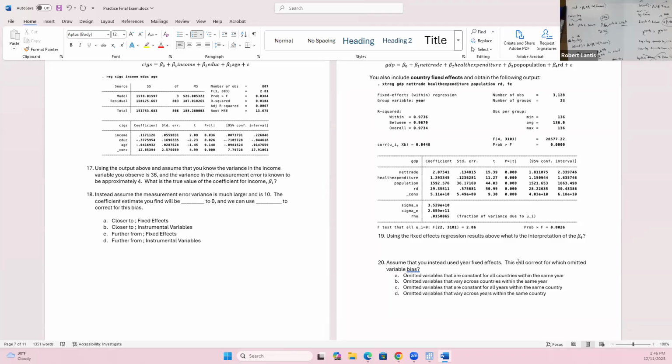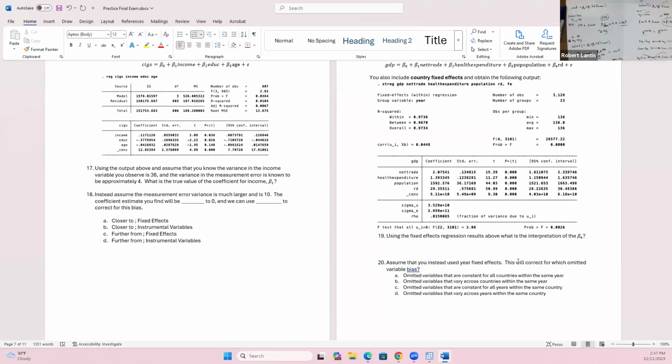Whereas when we're looking at fixed effects models, what we need to add there is holding constant net trade, health expenditure, and population. But by using fixed effects, what am I actually controlling for? Anything that is time invariant within a country, right? Whatever I've included fixed effects for, that's what I'm controlling for: the time invariant factors specific to that thing.